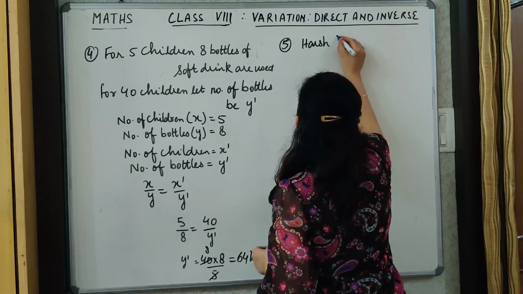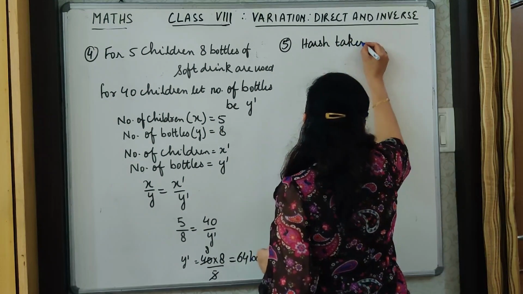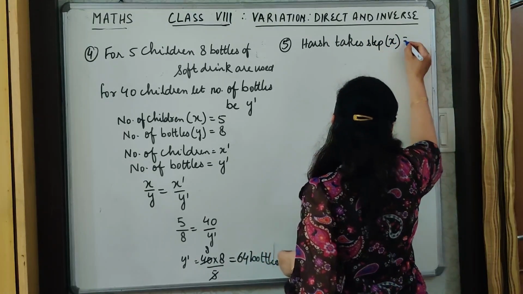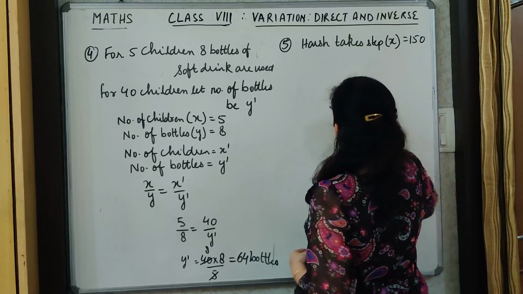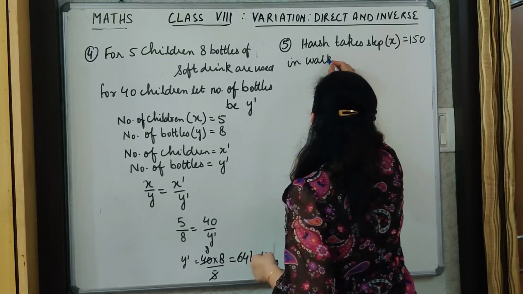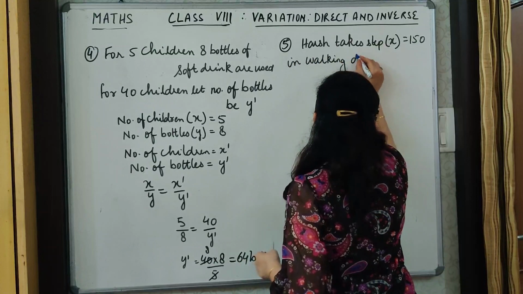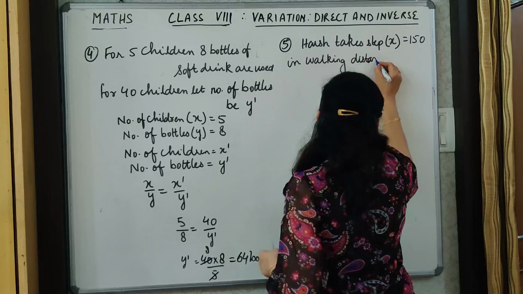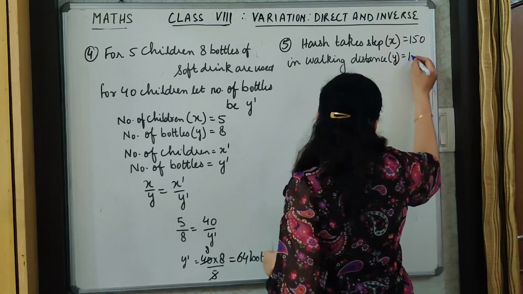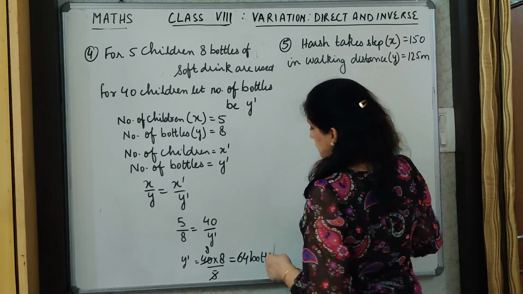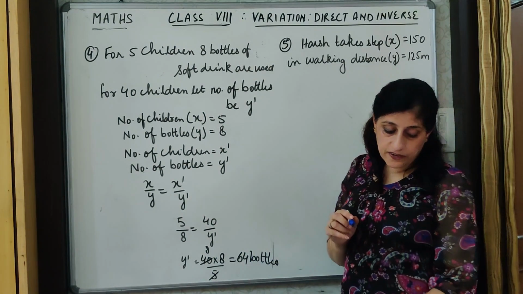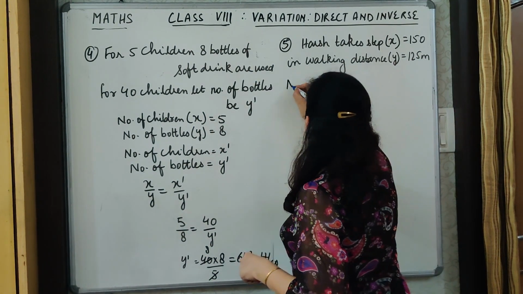Harsh takes steps, and let this be the number of steps x is equal to 150 in walking distance, and let me take the distance as y is equal to 125 meter. The question asked is, what distance would it cover in 360 steps?